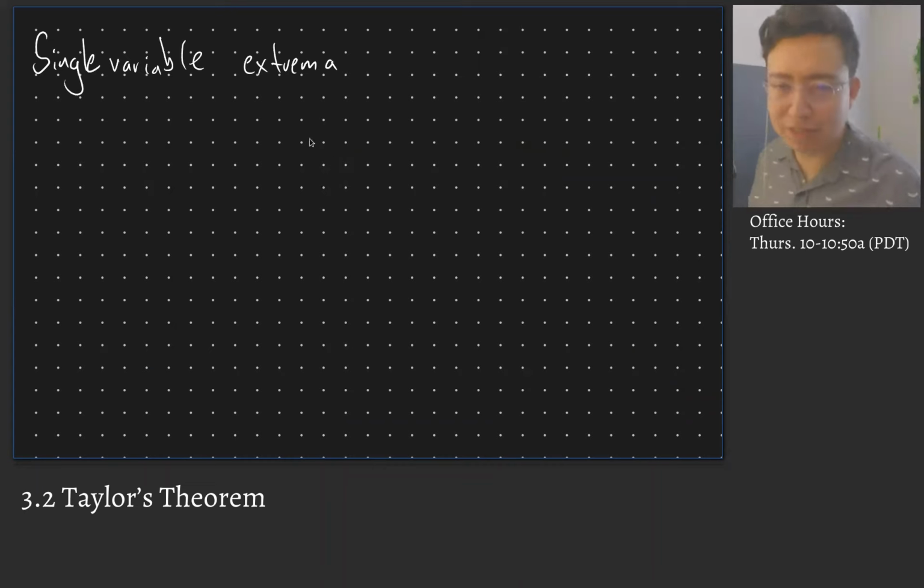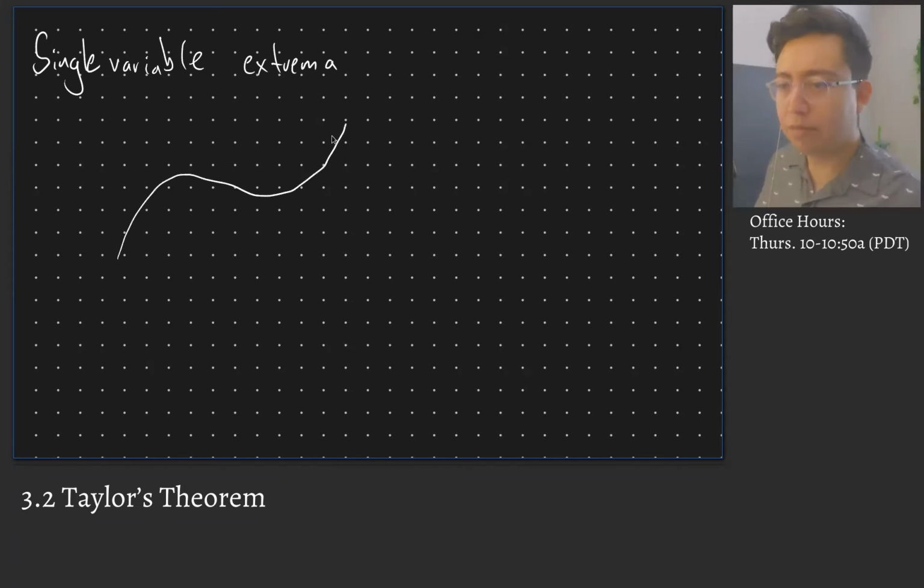So extrema is a fancy word for a minimum or a maximum. You'd call it an extremum, and then plural becomes extrema. And so you'd look for places where the derivative was 0, right? So for example, here, the derivative would be 0, and over here, the derivative would be 0.